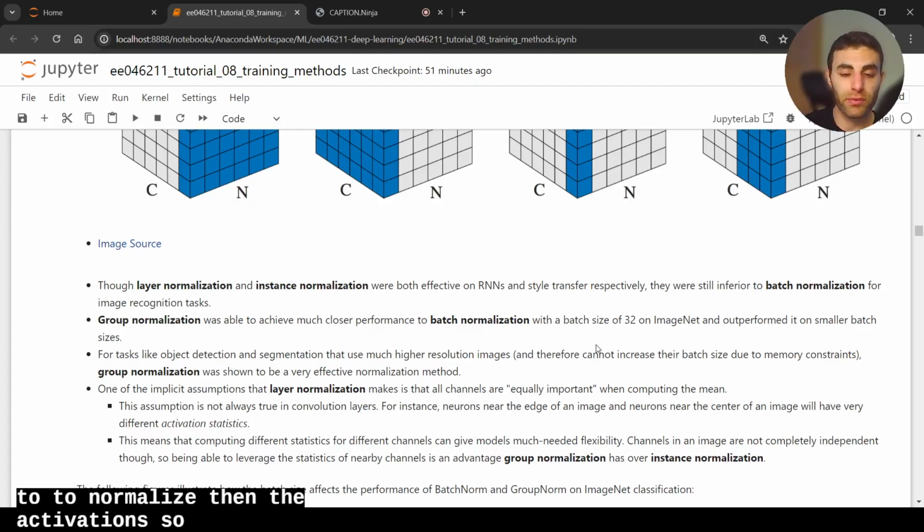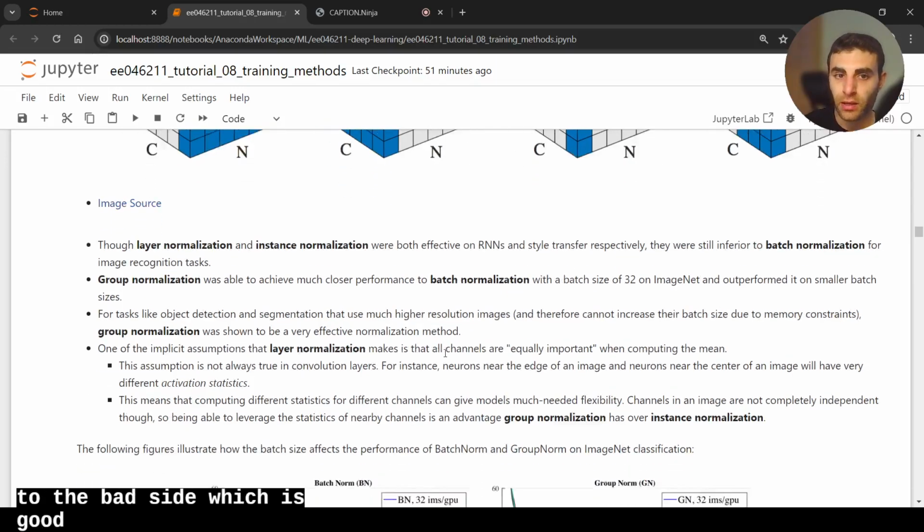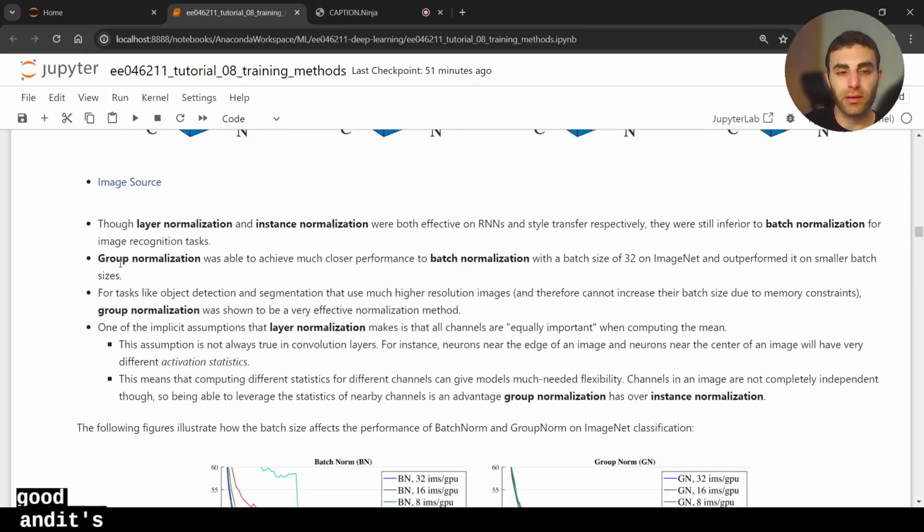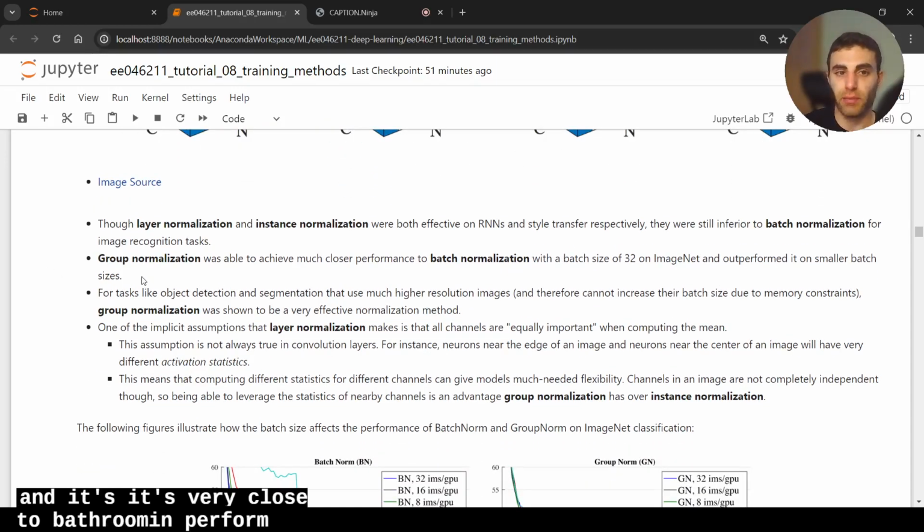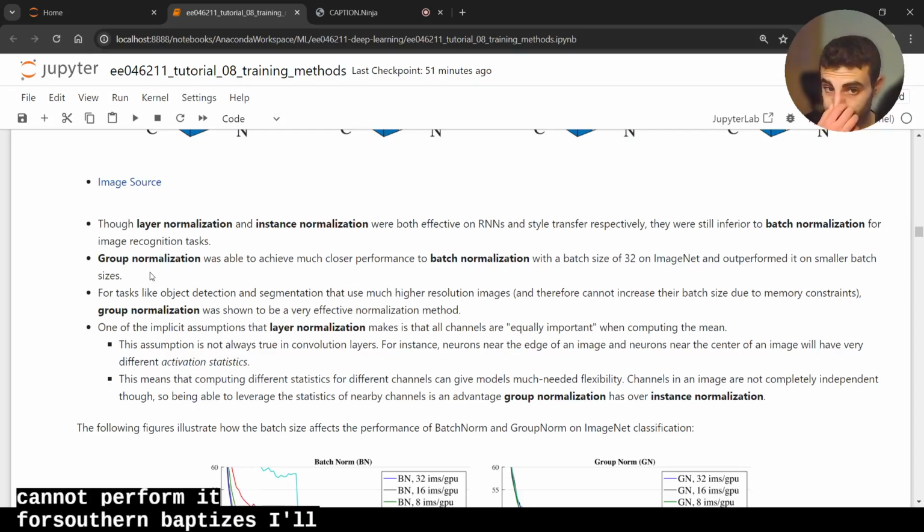So group norm is the way to go because it is agnostic to the batch size, which is good. It's very close to batch norm in performance, but batch norm can outperform it for certain batch sizes. I'll show you in a minute.